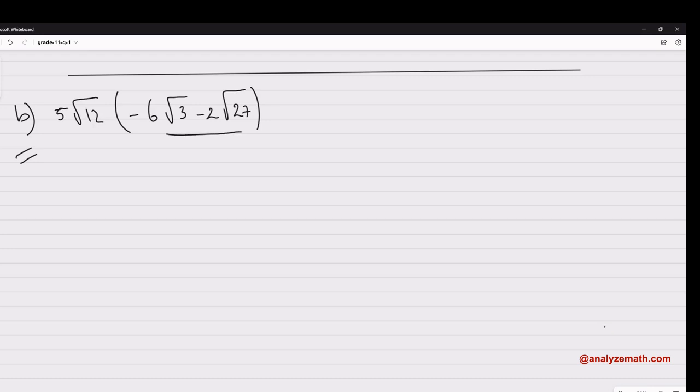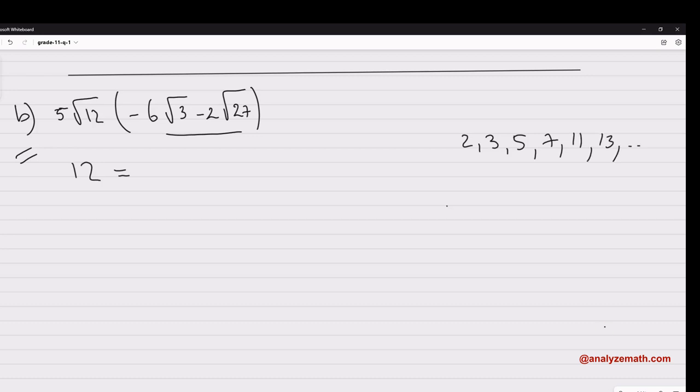Now the same idea. Now we have different radicands, 12, 3, 27. So we try to find a common radicand. Now 12. Remember, you take your radicand and you try to express it as the product of prime numbers only. The prime numbers are 2, 3, 5, 7, 11, 13, and so on.